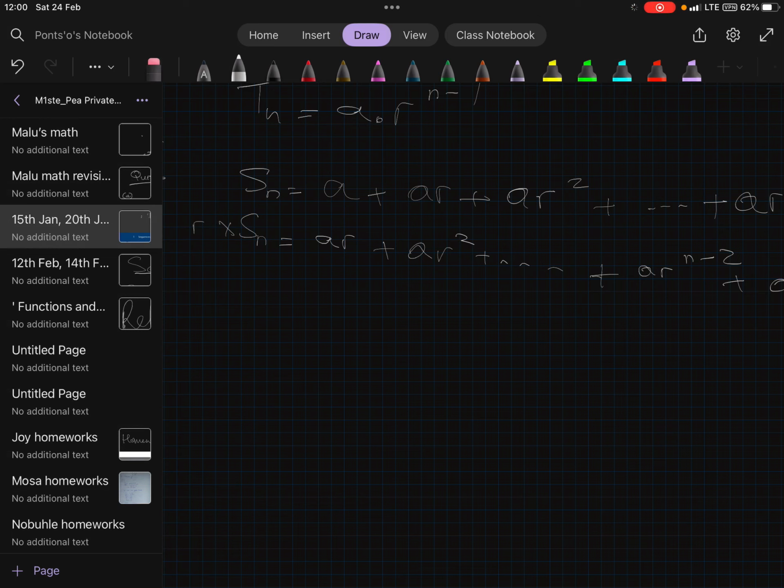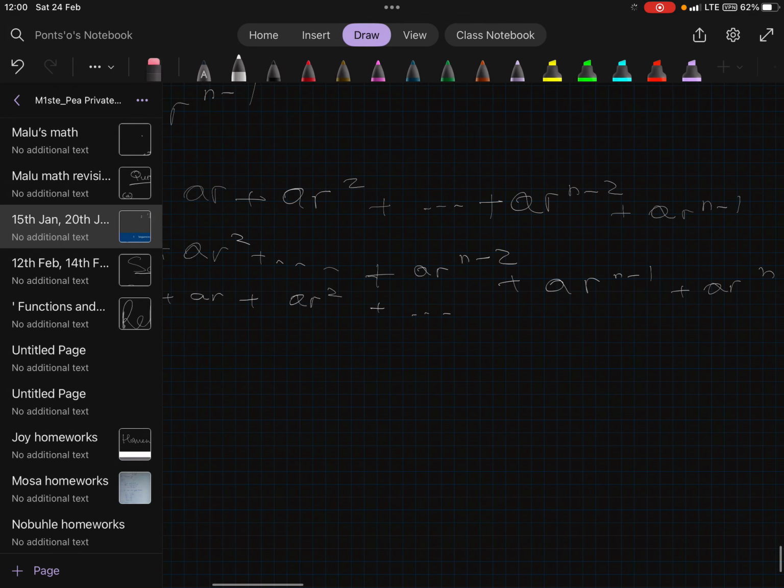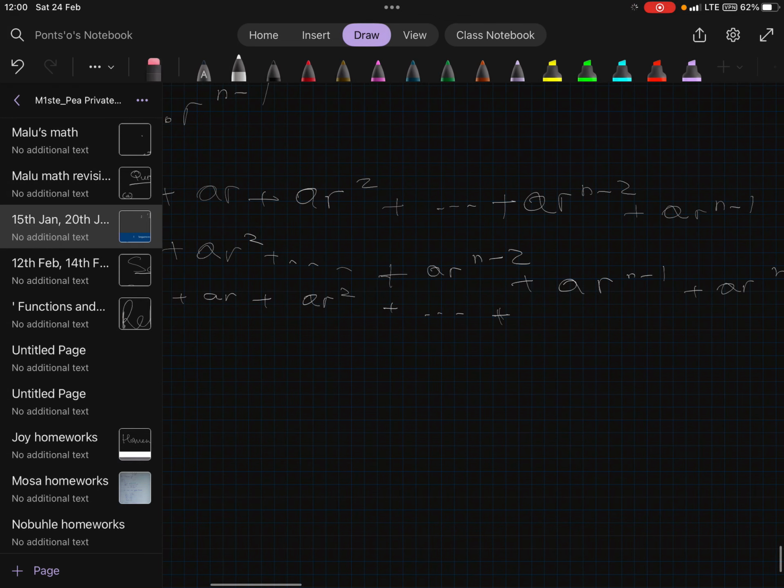So it's like they don't really shift, but they kind of do shift to the right. Yes, a positive shift to the right.